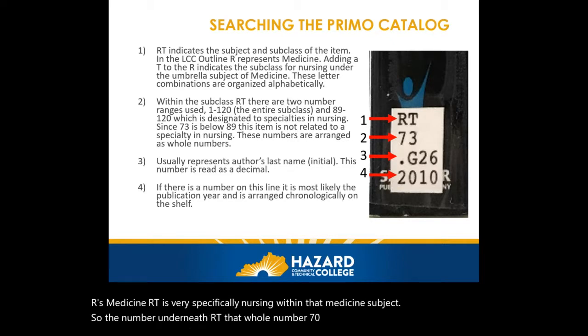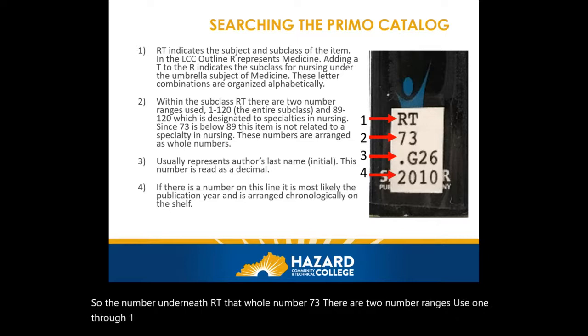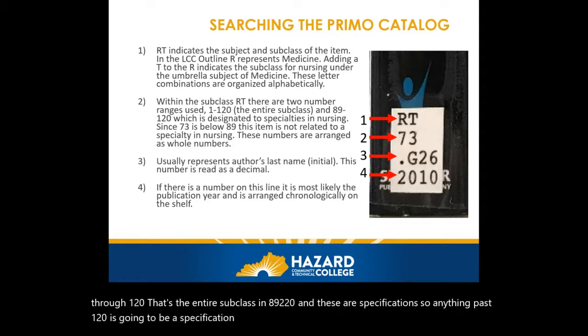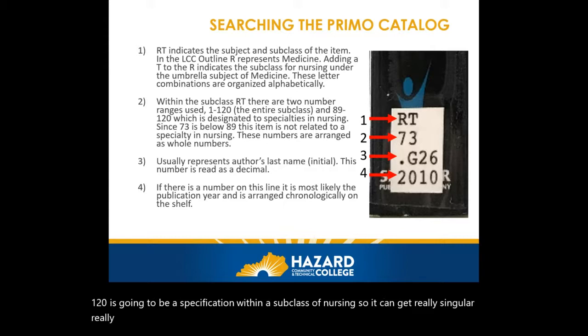There are two number ranges used, 1 through 120, and that's the entire subclass, and 89 to 120, and these are specifications. So anything past 120 is going to be a specification within a subclass of nursing. So it can get really granular and specific to what the book is about.